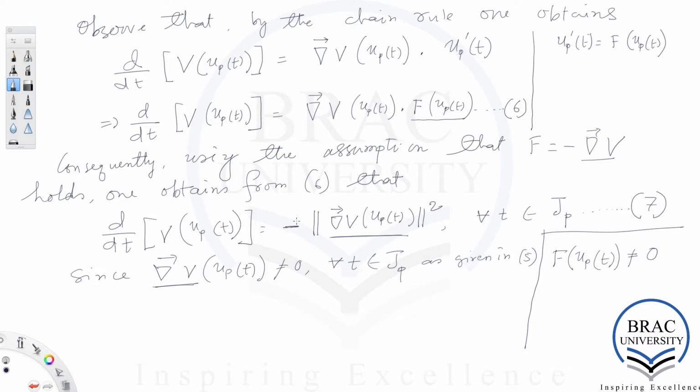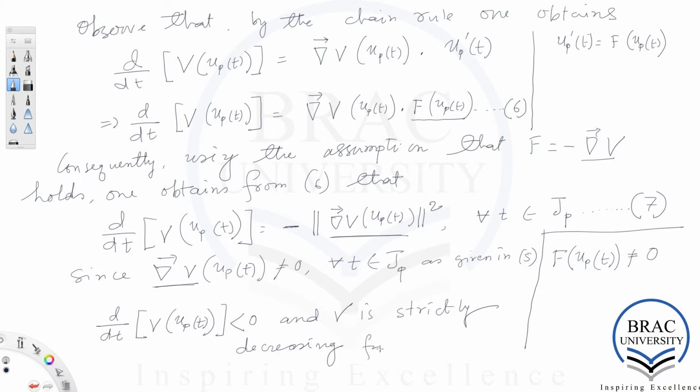Because of the presence of this minus sign, we see that this guy is strictly negative, from which we see that v is strictly decreasing for all t in the maximal interval of existence.